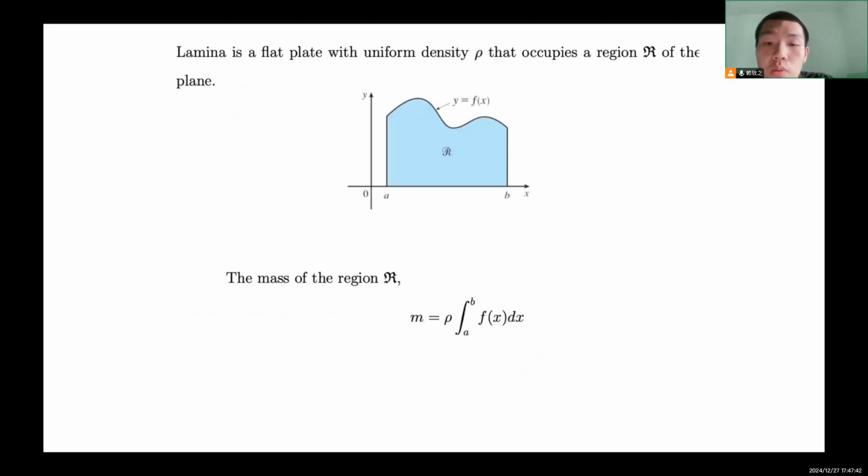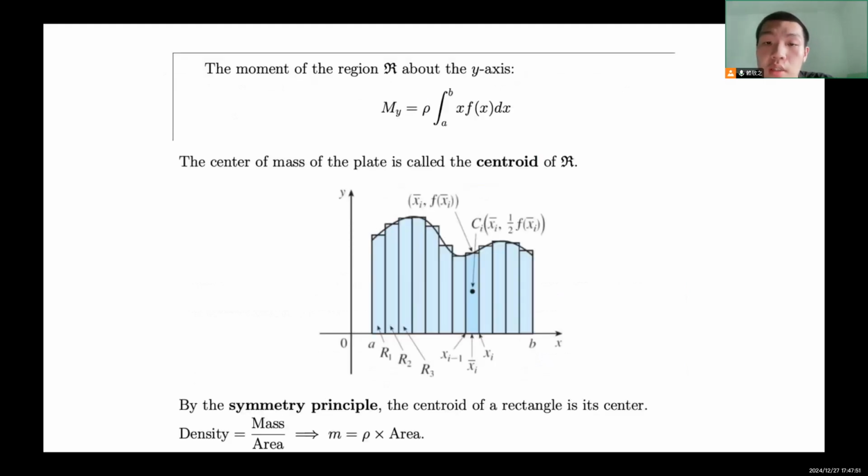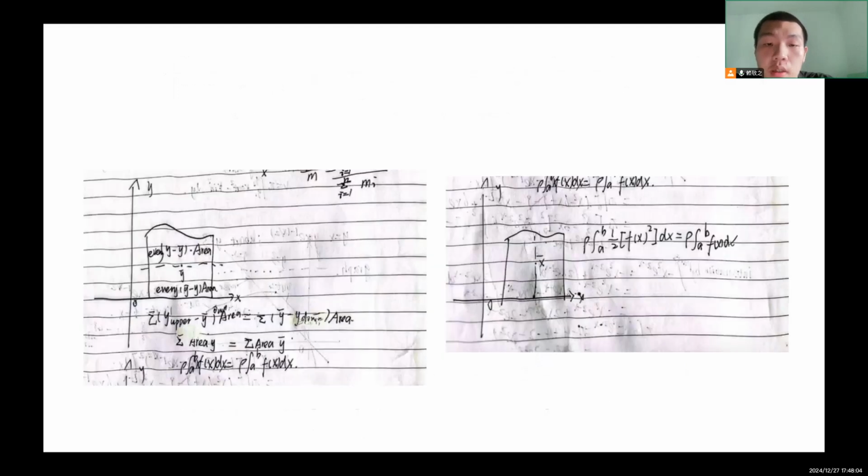So when it comes to a graph, the total mass is the area of the graph times rho. You should imagine that there are infinite points and every point has its own mass, and split it into 2 parts and do the same thing we talked about above, so we can get the moment.